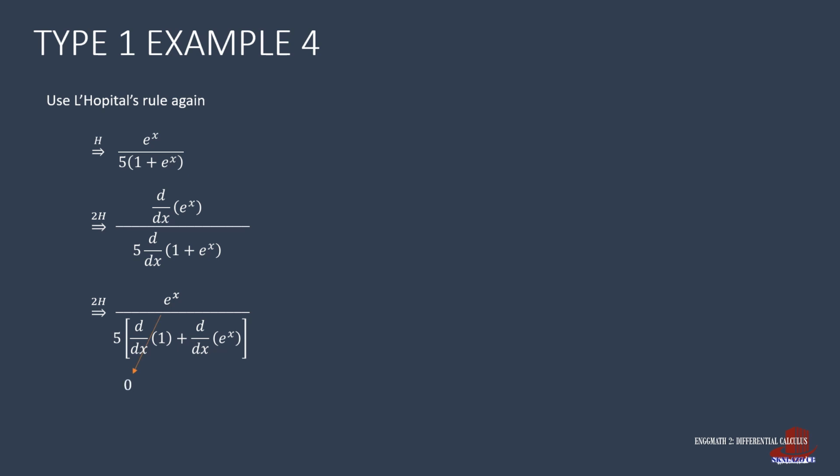The derivative of 1 is 0, so we simplify the expression as e raised to x over 5 times e raised to x, where e raised to x can be cancelled out. Thus, the limit of the ln of 1 plus e raised to x upon 5x is equal to 1/5.